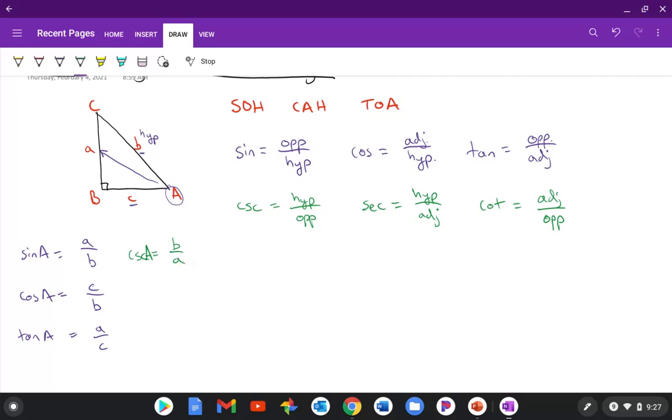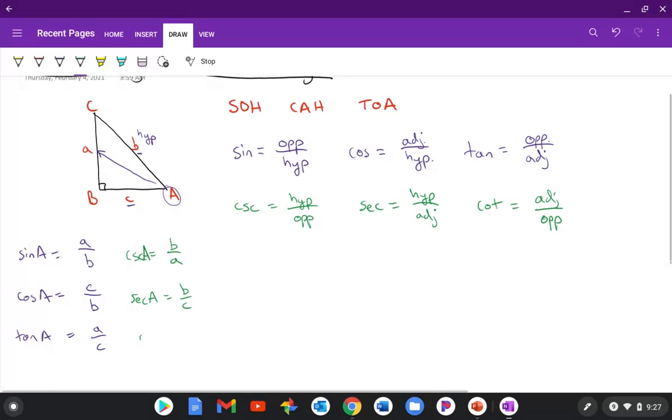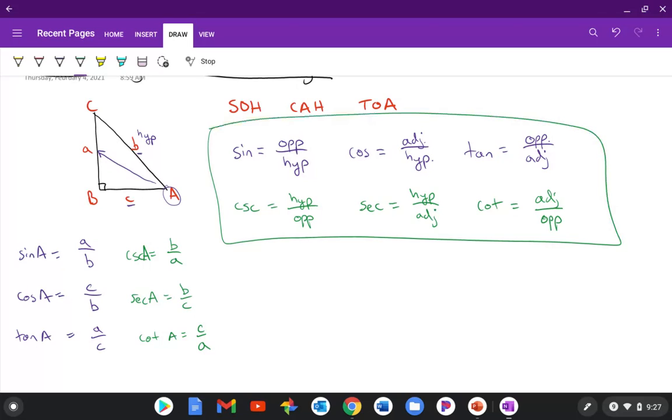So that's B over A. And then with the secant of A, that's the hypotenuse over the adjacent, so that'd be B over C. And with the cotangent of A, adjacent over opposite, C over A. So we come up with these 6 trigonometric functions or ratios, and those really describe the different possibilities we could have with any given angle.